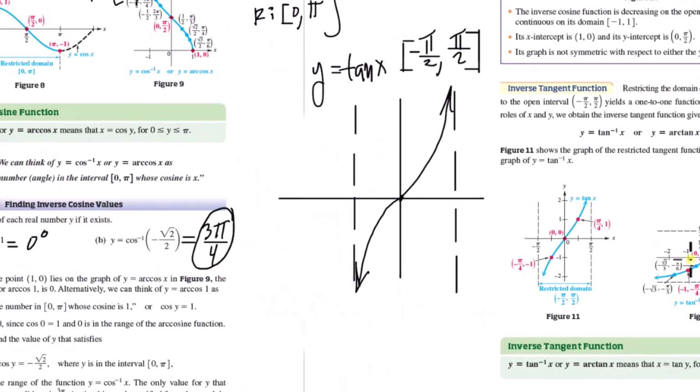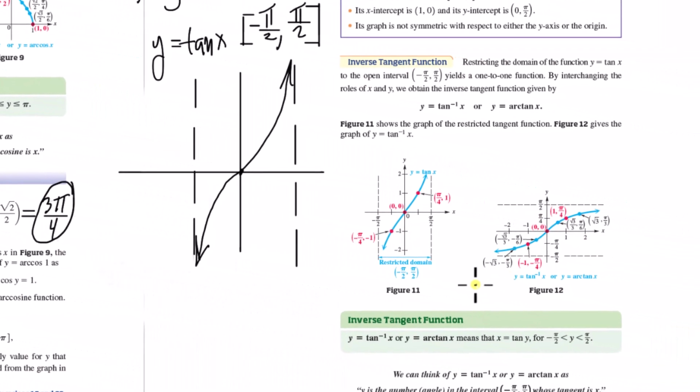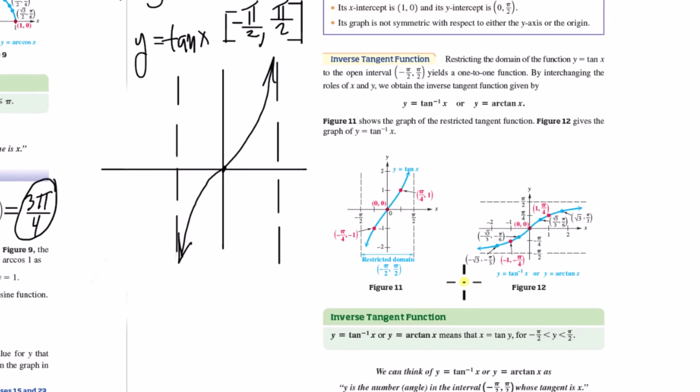And that makes sense in that the domain of inverse tangent is going to be all real numbers, because if we're asking the question, if we have a value, what angle, when you take the tangent of that angle, does this value correspond to? Well, the tangent of an angle can be any real number from negative infinity to infinity.